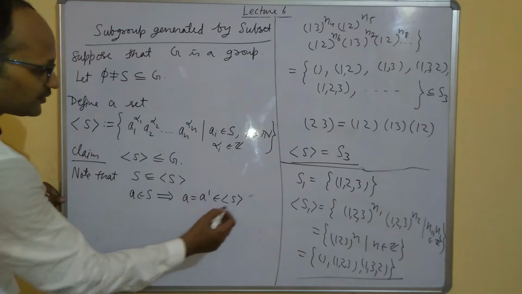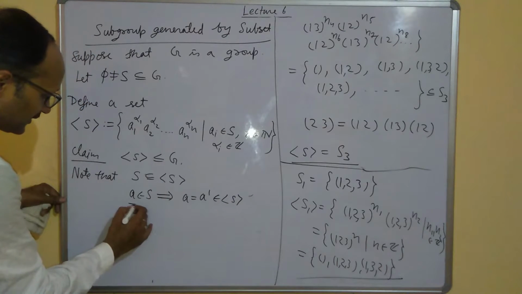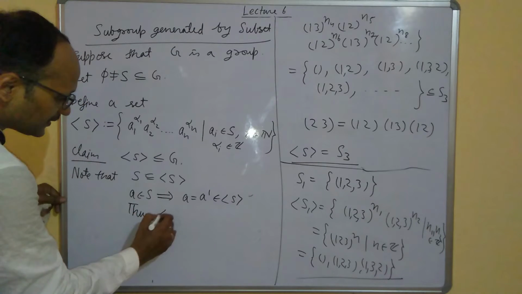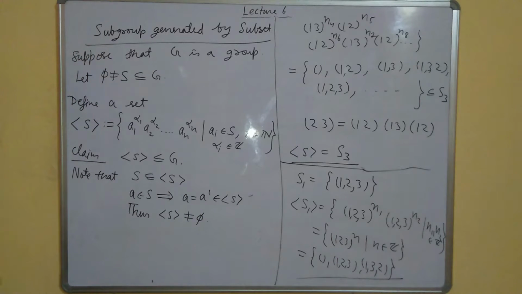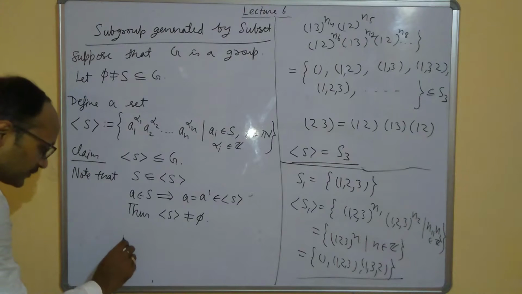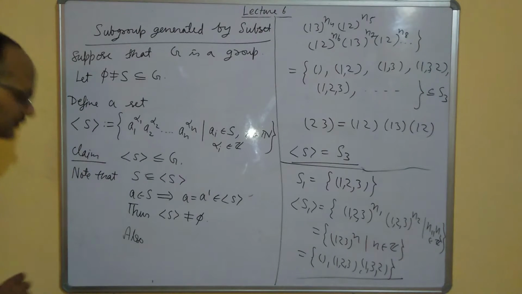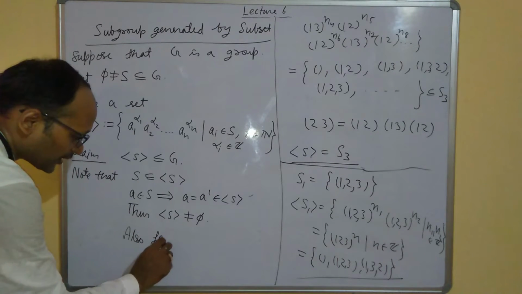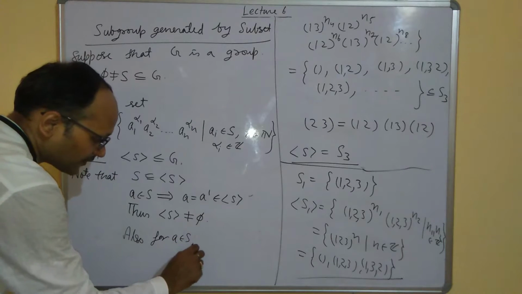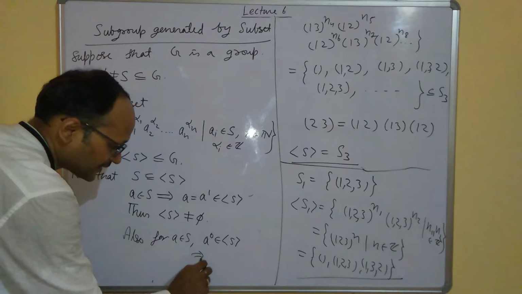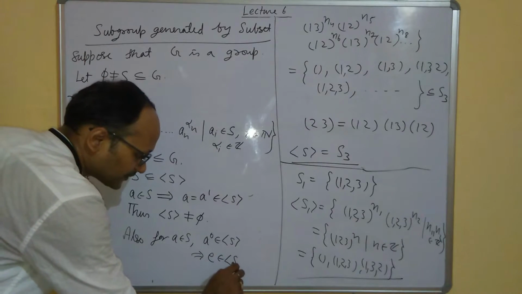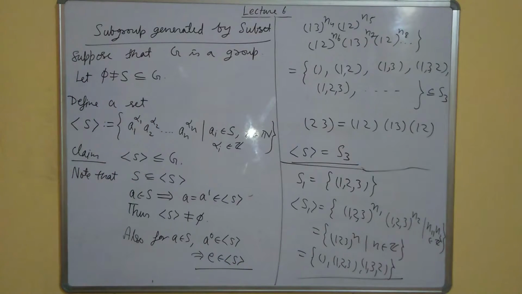Thus this set is not equal to the empty set. Also, for A in S, A to the power 0 belongs to this set. This implies the identity of the group belongs to this set. So the identity is also here.